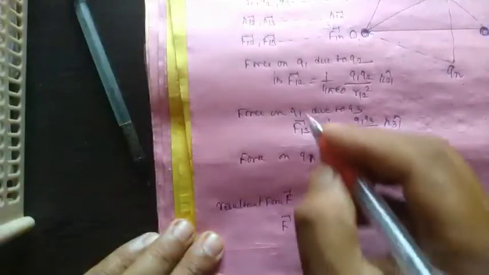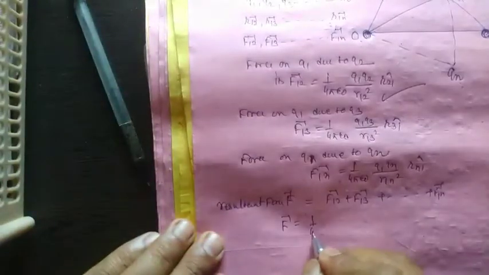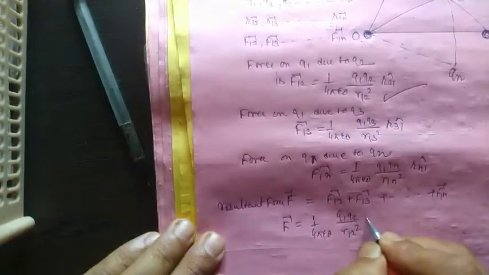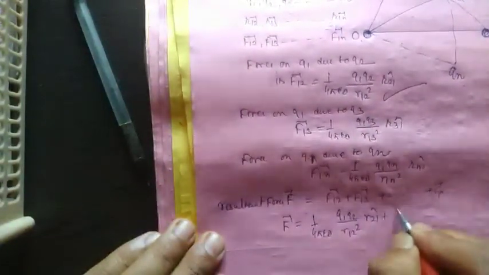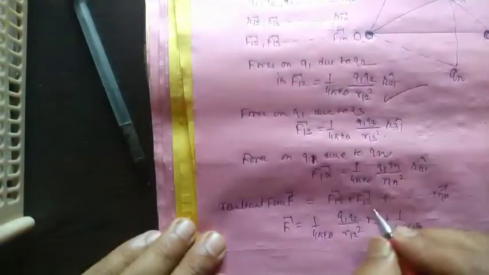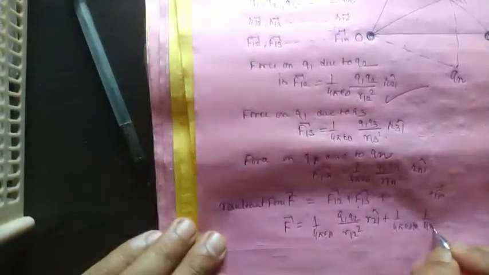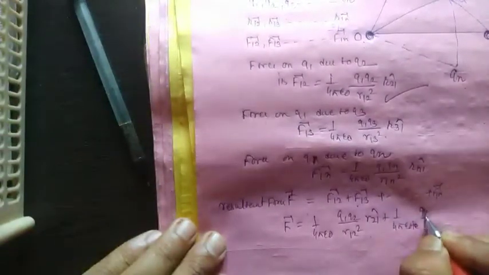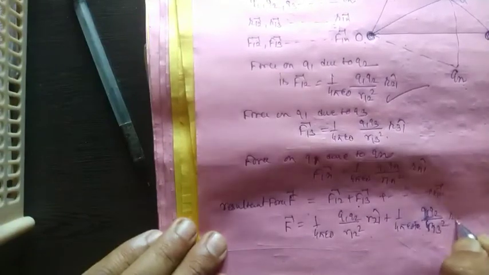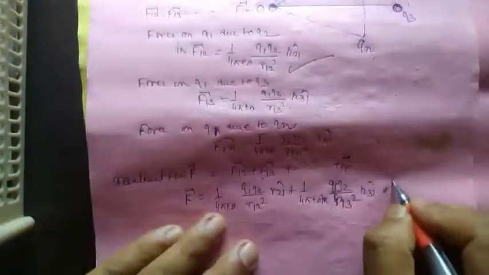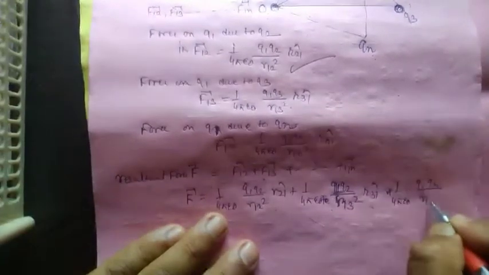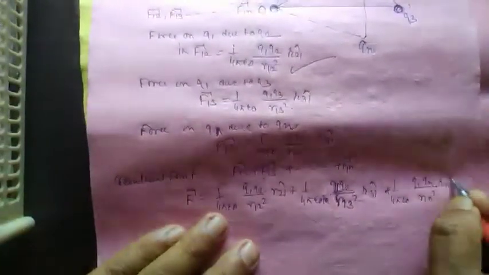F12 value is q1 q2 upon r12 square, r21, plus 1 upon 4 pi epsilon naught, F13 value q1 q3 upon r13 square, r31, up to n terms, q1 qn upon r1n square, rn1.